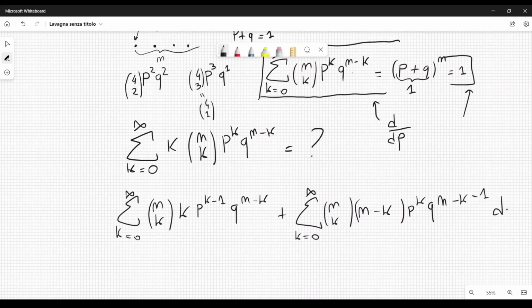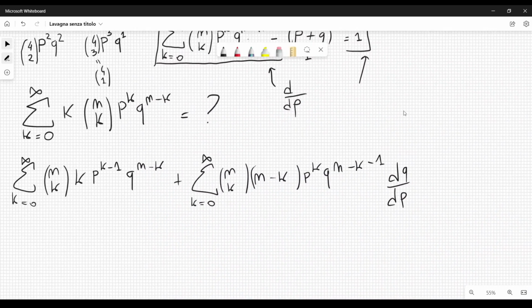And I also have to take the derivative of q with respect to p, and this will be equal to the derivative of 1 with respect to p, because I also have to take the derivative of this term, but that's 0, so I get 0 here.